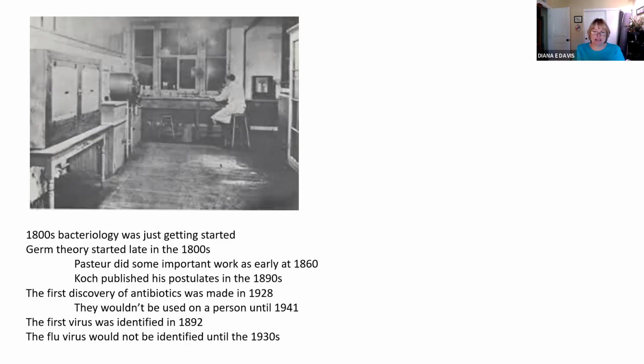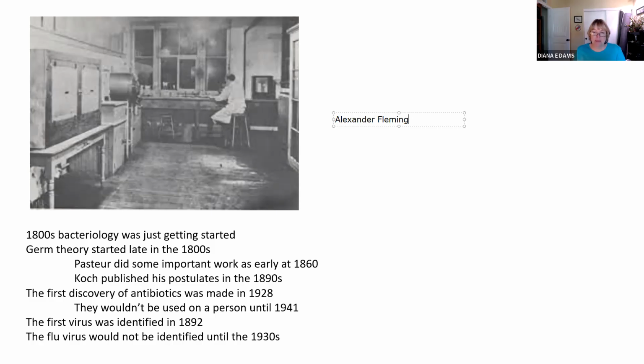What happened to discover this is Alexander Fleming noticed that bacteria would not grow near mold contamination on his petri dishes. So the bacteria stayed away from the mold. It was very, very, very hard to extract the penicillin though.